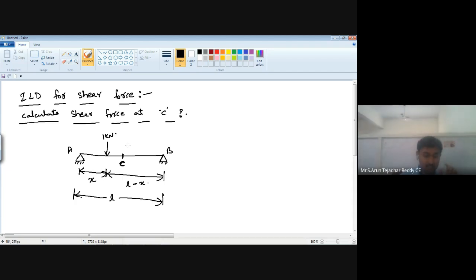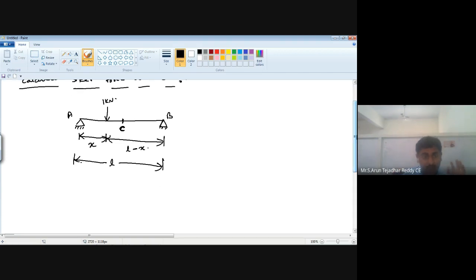Shear force at C. Before that, write clearly, we have two reactions here, RA and RB. These two values we already calculated in the previous class.